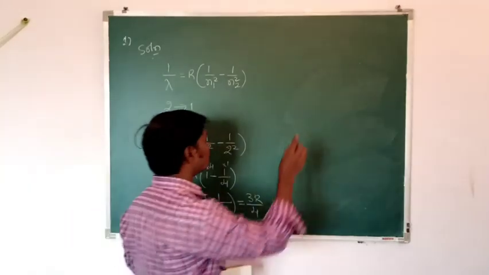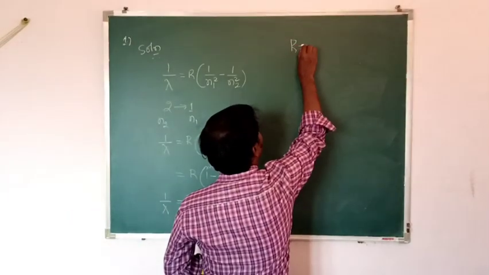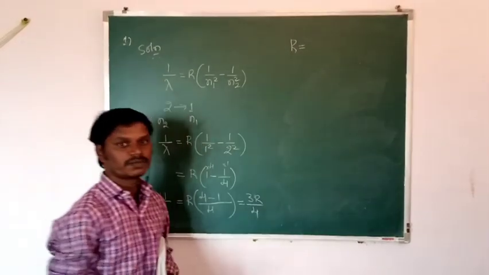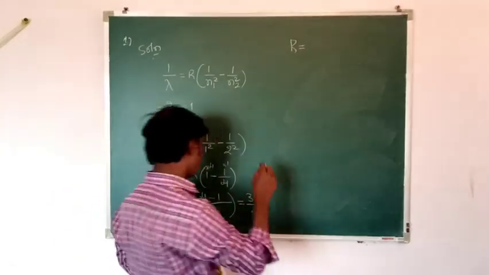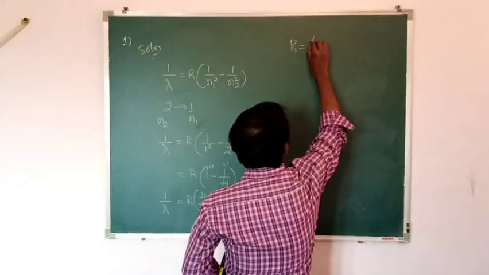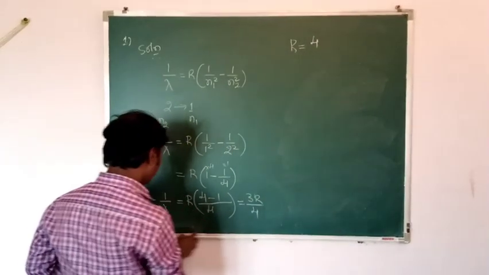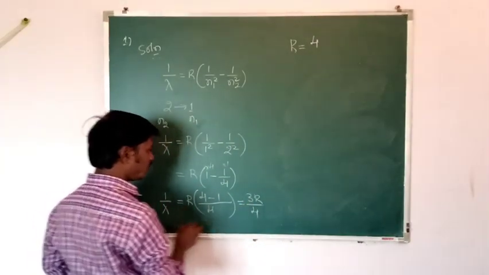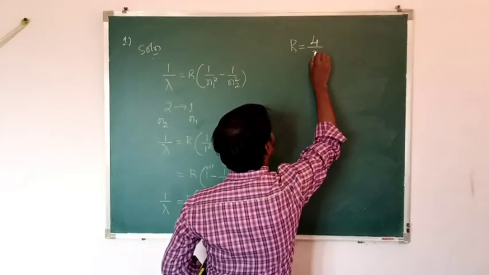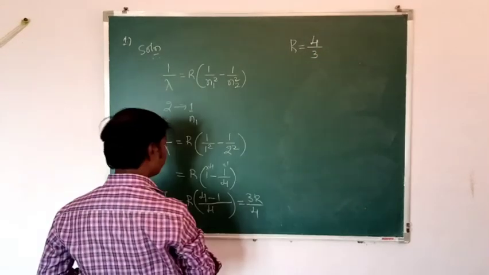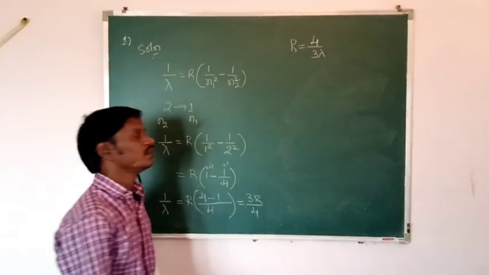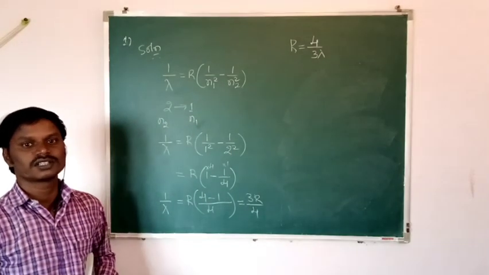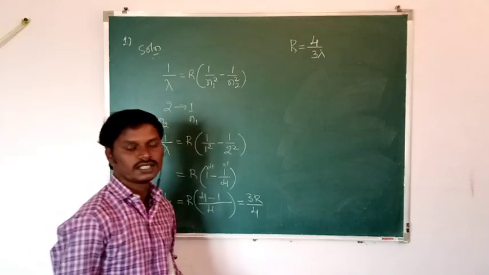Then R is equal to 4 by 3 into lambda. This 4 comes to the numerator and 3 comes to the denominator, and lambda is already in the denominator. So 4 by 3 lambda is the Rydberg constant when the electron jumps from second orbit to first orbit.